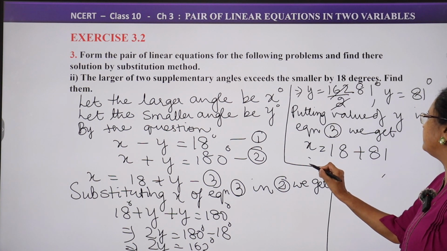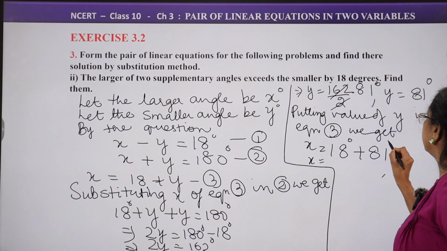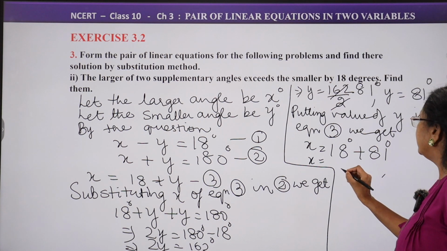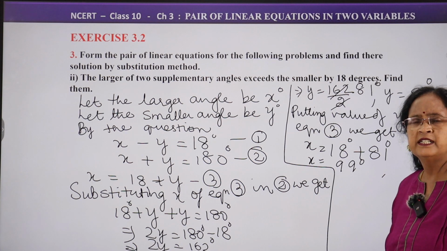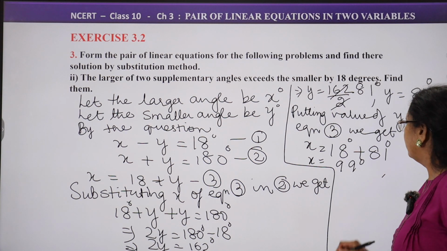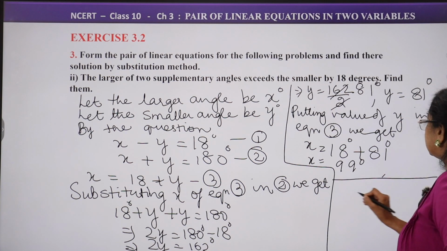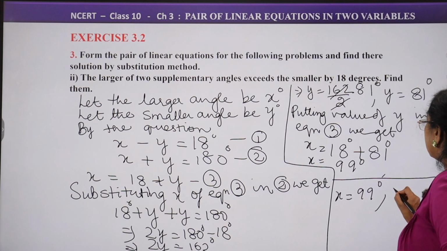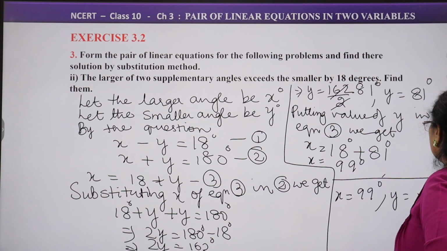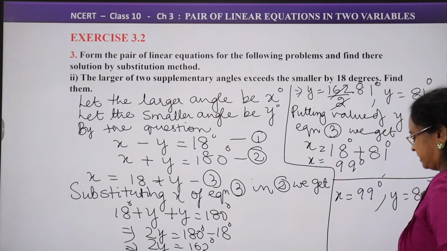What is 18 degrees plus 81 degrees? 99 degrees. So what did we get as the answer? x is equal to 99 degrees, y is equal to 81 degrees.